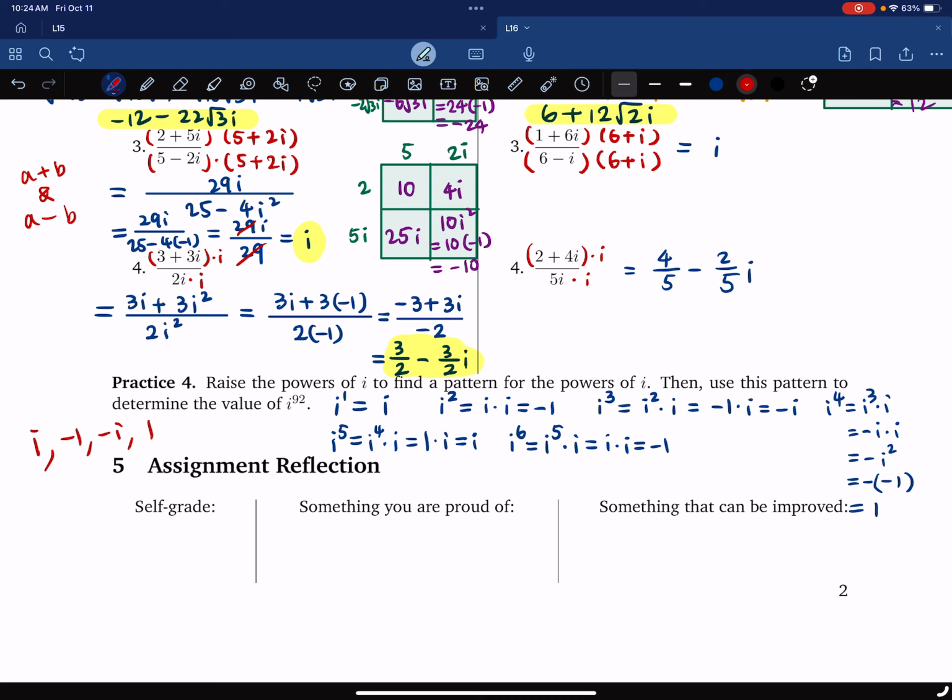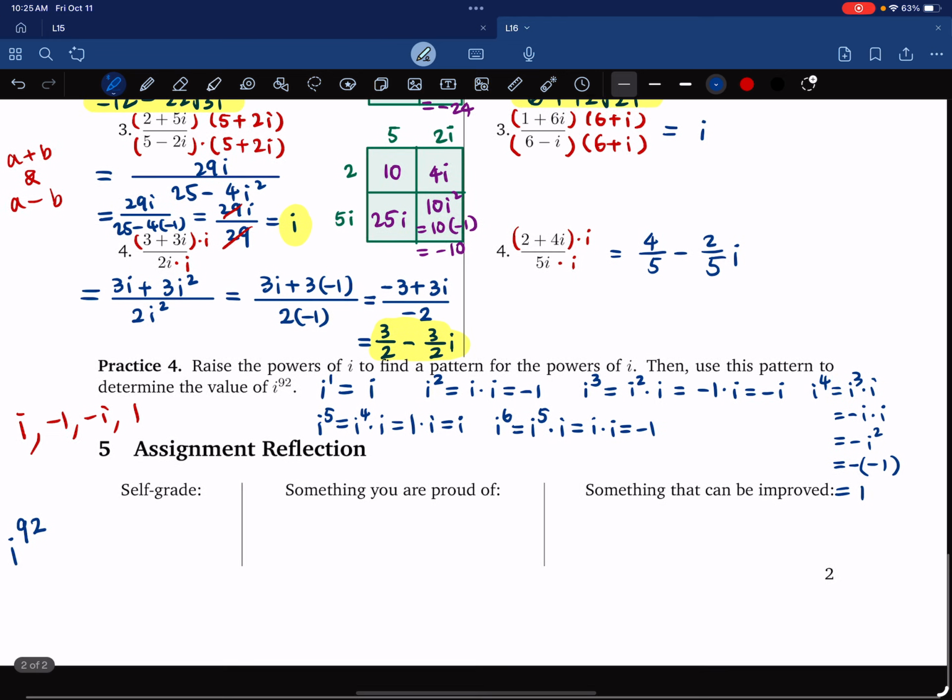And how do you use this pattern, you might ask? We can use this pattern to determine the value of any power of i without doing this calculation again. For example, i to the 92nd power. All you need to do is find out how many cycles you went through in these 92 powers.